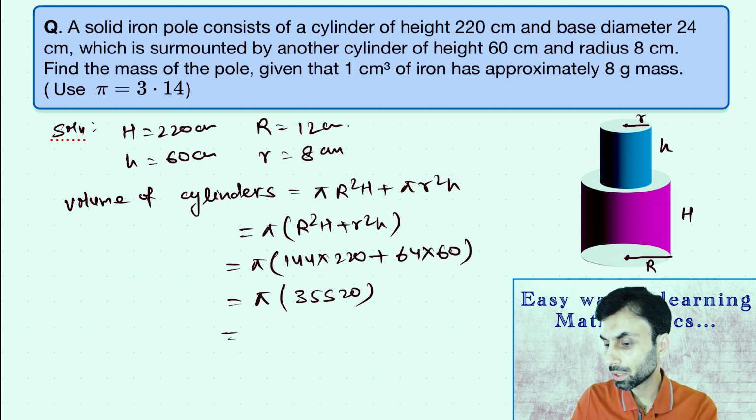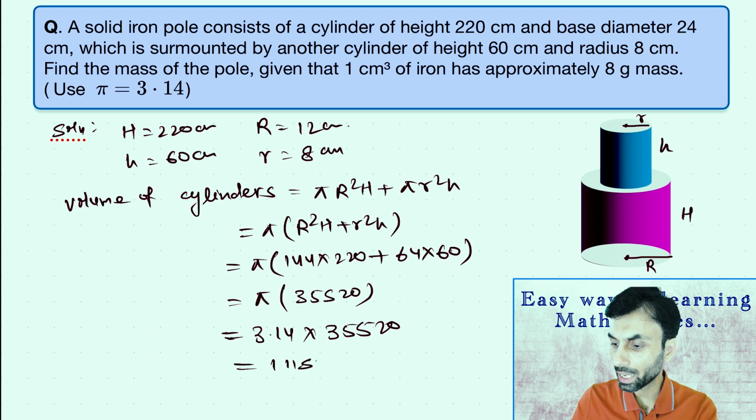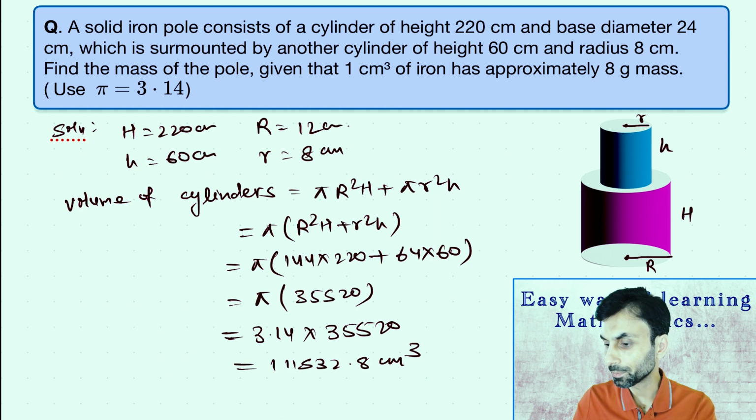35,520. Now substituting the value of pi as 3.14 and multiplying it by 35,520, we will get the value of it as 1,11,532.8 cubic centimeter.